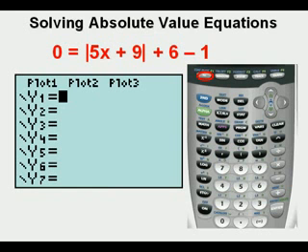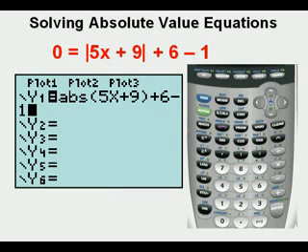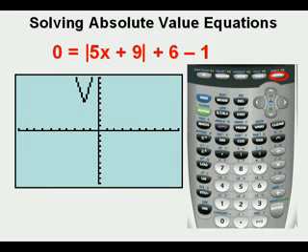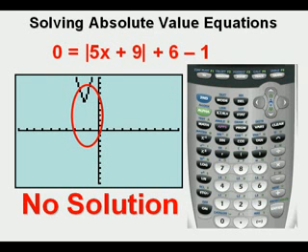Now we go to the function editor, or y equals view on the calculator. We enter the right side of the equation in y1. We now graph by pressing graph or zoom 6. We see the classic V shape of the absolute value function. Does it touch the x-axis anywhere? No, it does not cross the x-axis and therefore has no solution.